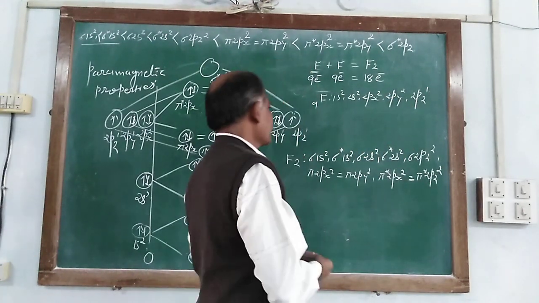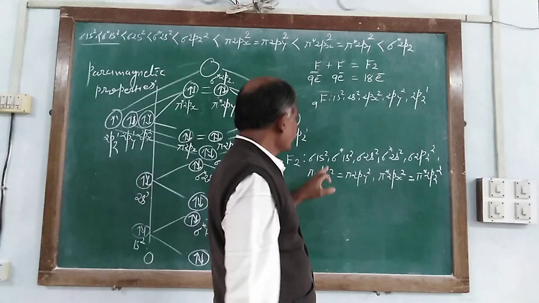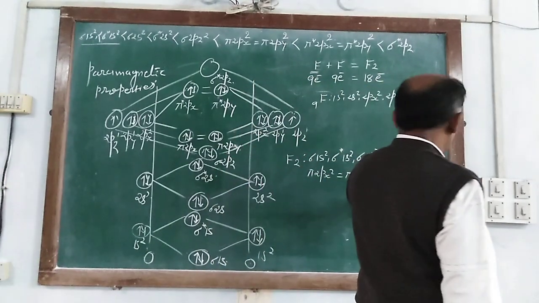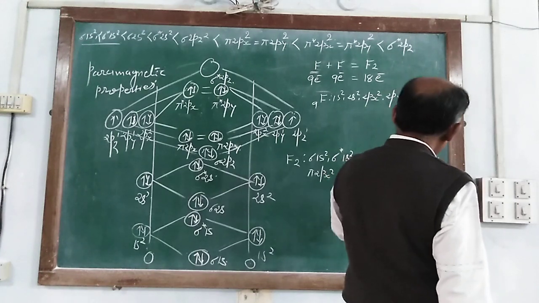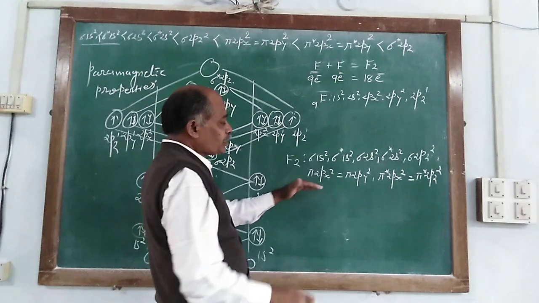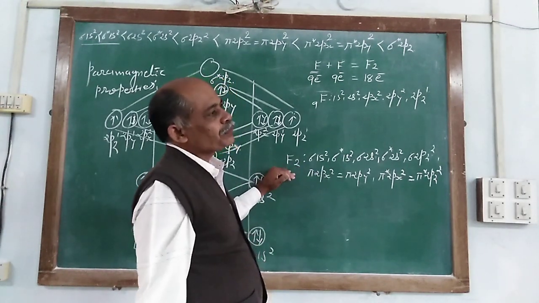So here we calculate the number of electrons. It is 2 plus 2, 4, 6, 8, 10, 12, 14, 16 and 18. So this is the electronic configuration for the F2 molecule.